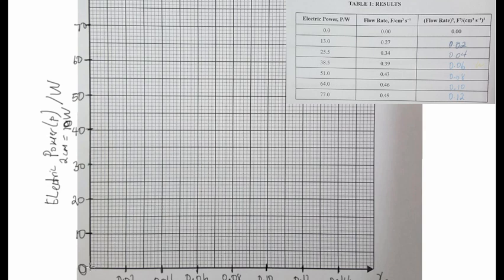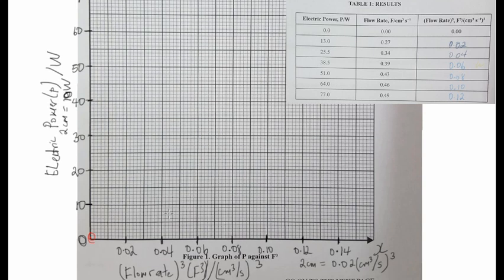I'm going to use dots with circles. So I place the dot and I circle the dot. Now the next point is when the flow rate is 0.02 and the electric power in that case is 13. Now since on the y-axis each 2 centimeters is 10 watts and there are actually 10 lines between the 2 centimeter mark, what I can do to find out the value of each line is to divide the number of watts, in this case 10 watts, by the number of lines.